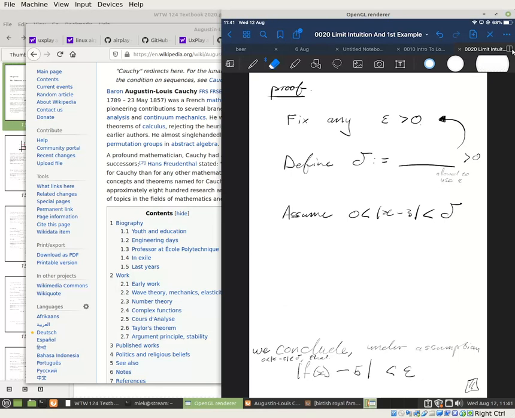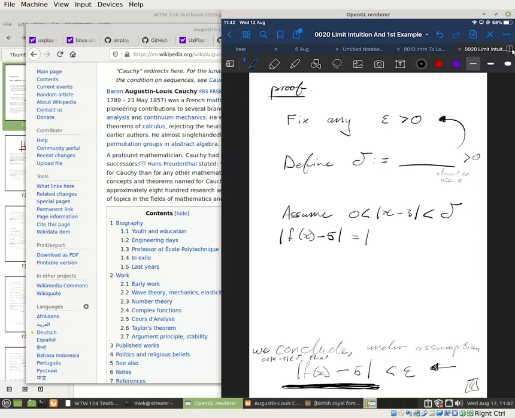So what do we want? We want this thing in the end to be less than epsilon. So we are interested in forcing this expression, the absolute value of f of x minus 5, to be less than epsilon. So under this assumption, we are interested in this expression. So let's expand this expression.